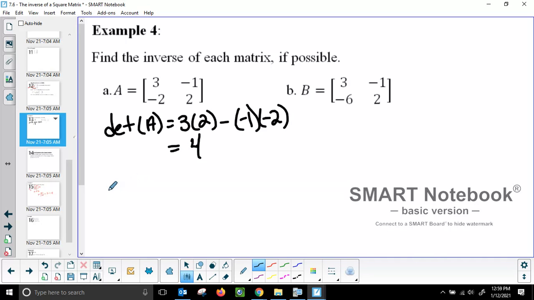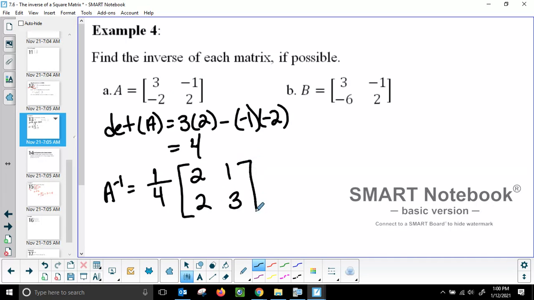Our inverse is going to equal 1 over the determinant, which I just found, which is 4, times, remember I switch my A and my D, so this will become 2, this will become 3, and I negate my B and my C. I don't switch them, I just negate them. So this will become positive 1, and this will become positive 2.